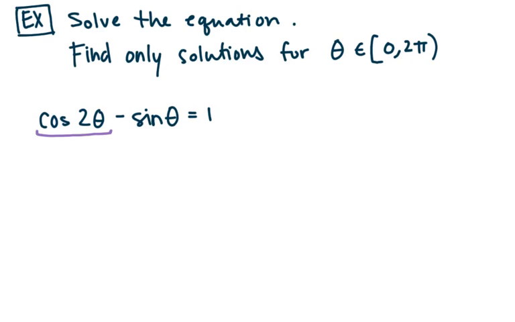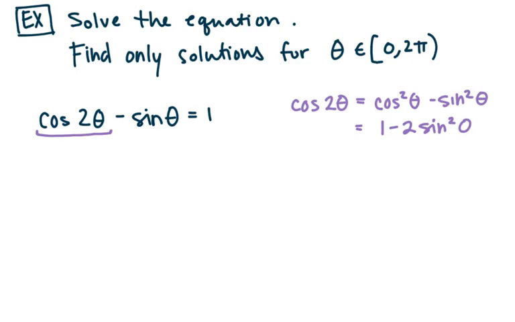I have several cosine double angles. Cosine 2 theta, we know, is cosine squared theta minus sine squared theta. We also know we have 1 minus 2 sine squared theta, or we could use 2 cosine squared theta minus 1.